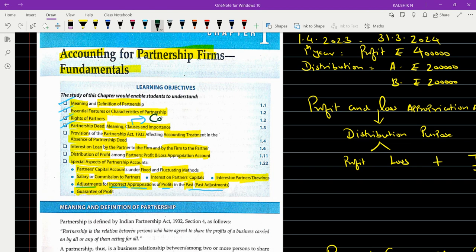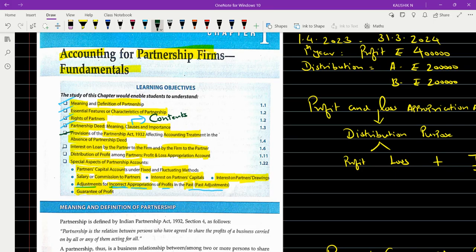It represents the contents, items pertaining to the partnership deed. And followed by that, you will have the provisions of the Indian Partnership Act 1932 in the absence of a deed.